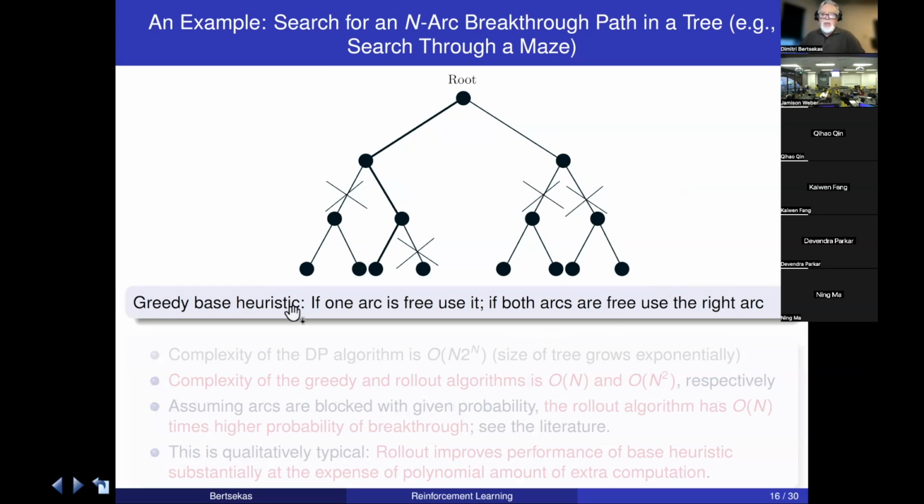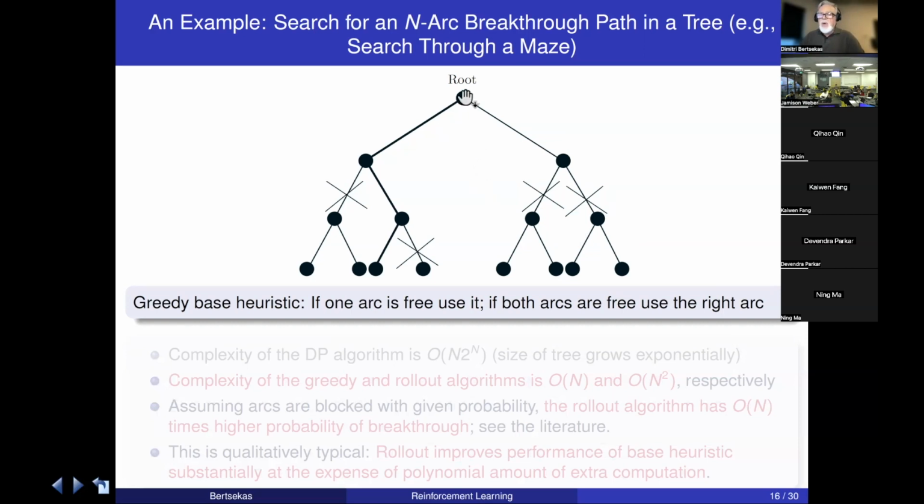That's the base heuristic. So the way the base heuristic is going to work on this instance, at the root, both branches are free. So we choose the right arc and go over here. But here, both arcs are blocked. So the base heuristic fails to find a free path in this particular instance.